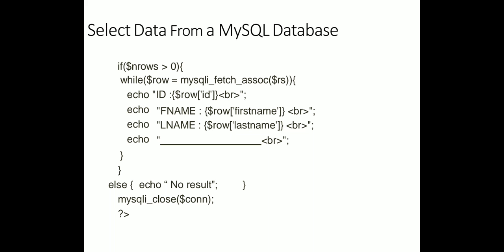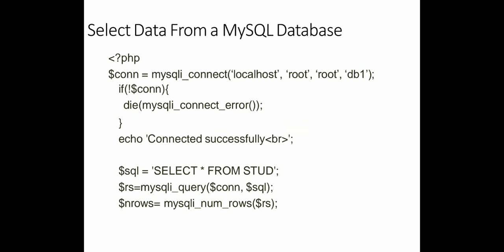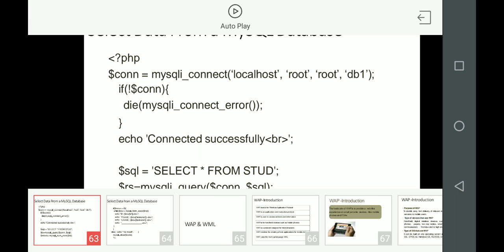So it is given as $row equals mysqli_fetch_assoc($rs). The $rs variable is not holding the query itself, it holds the data that comes from mysqli_num_rows and rs. So rs is holding the connection and SQL variables within its query.